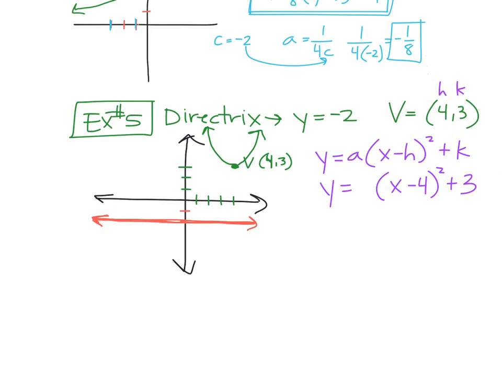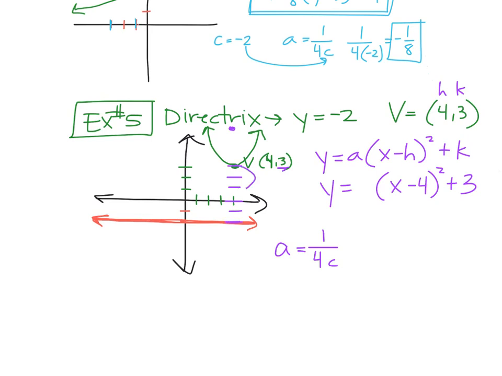And the way we do that is our beautiful formula again. 1 over 4 times c. The way we figure out c is always the distance from the vertex to the focus, which our focus is going to be up here somewhere, but it's also the same distance to the directrix, right? So if we are at (4, 3), we're up 3 here till we get to the axis, and then down 2 to get to the directrix.